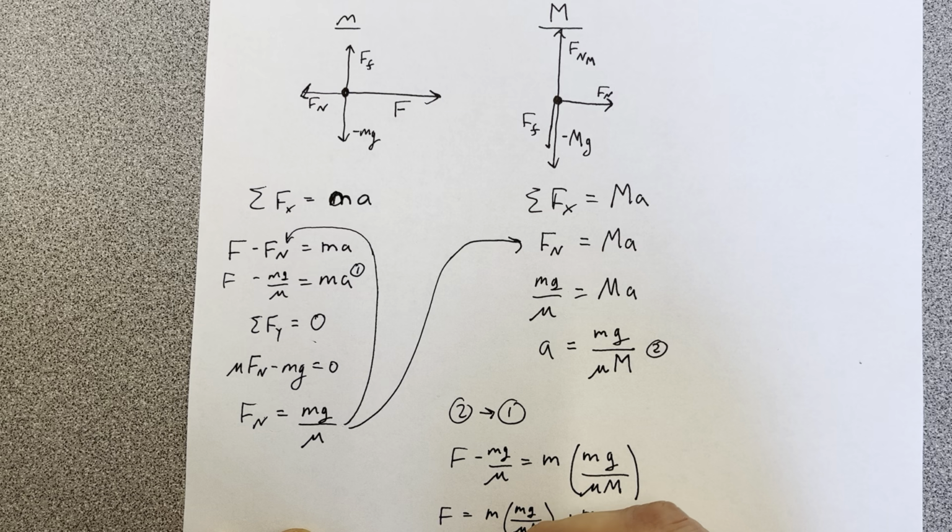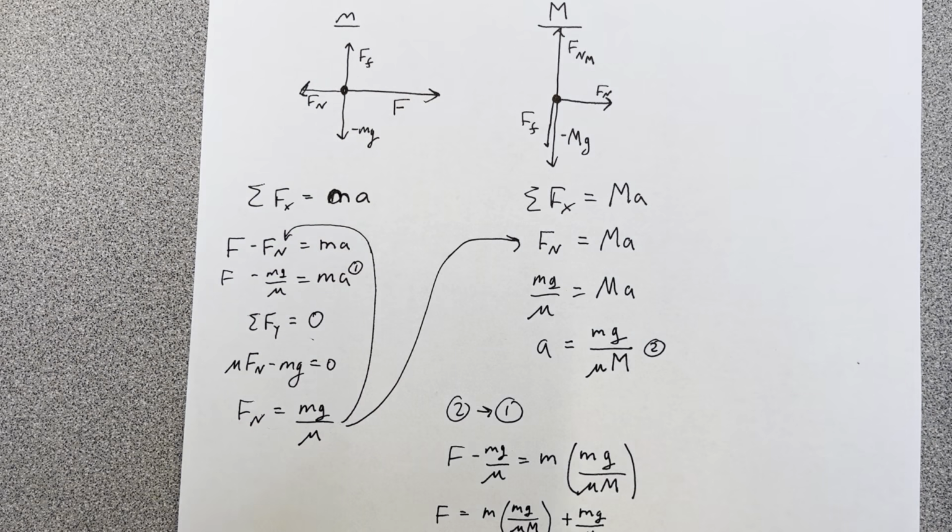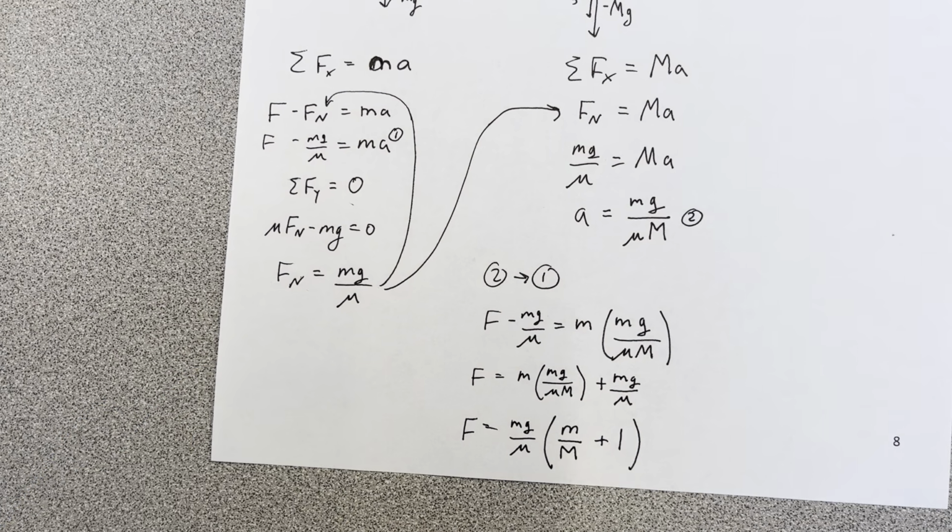Then I'm going to factor out mg over mu. So if I bring that in front, mg over mu times little m over big M plus 1. That's probably how I would report that final answer there. Oof, that one's a tricky one, but I like it. It's a fun one.